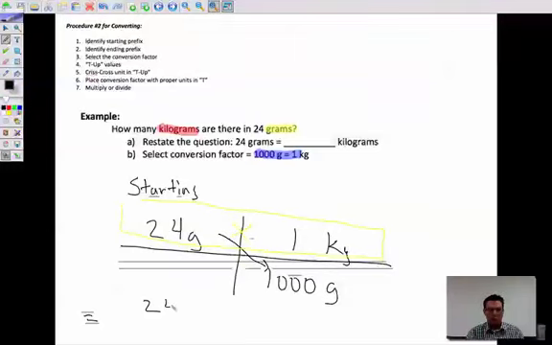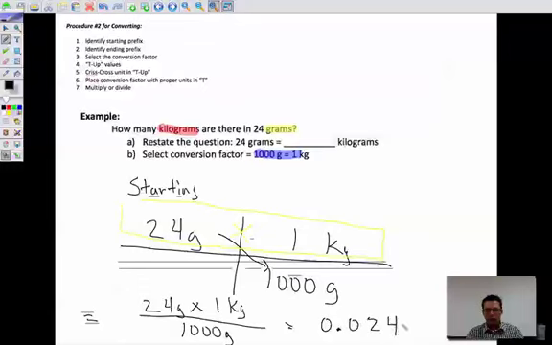So 24 grams times 1 kilogram. And then we divide, if it's on bottom, 1,000 grams. So I'm going to take 24 times 1 divided by 1,000, and that will equal 0.024 kilograms. Our units cancel out because they're on bottom.